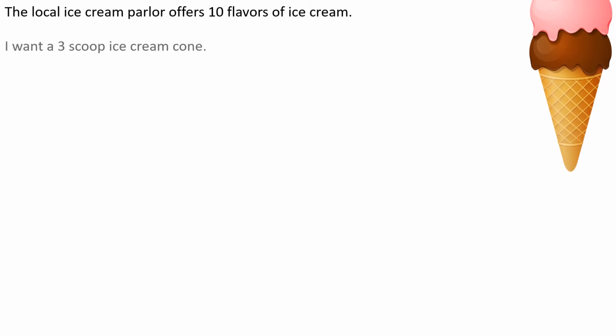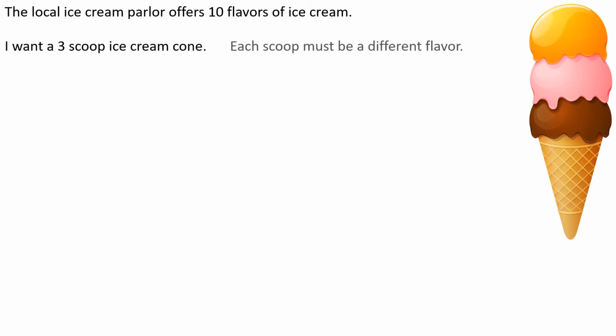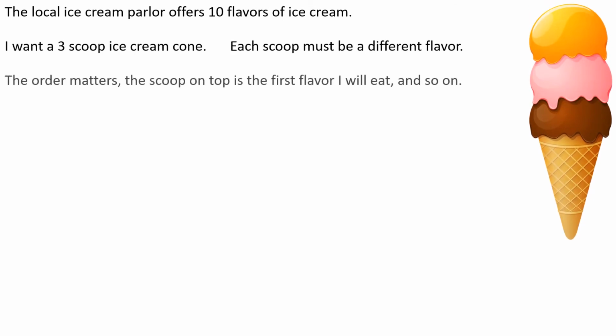Ooh, the local ice cream parlor. They happen to have 10 flavors of ice cream available. I'm thinking it'd be really nice to have 3 scoops on a hot day like today. Let's pretend it's a hot day and I really want a big ice cream cone. I want 3 scoops. I want each scoop to be a different flavor. And of course, the order matters because the flavor on top, that's the one I'm going to start with.